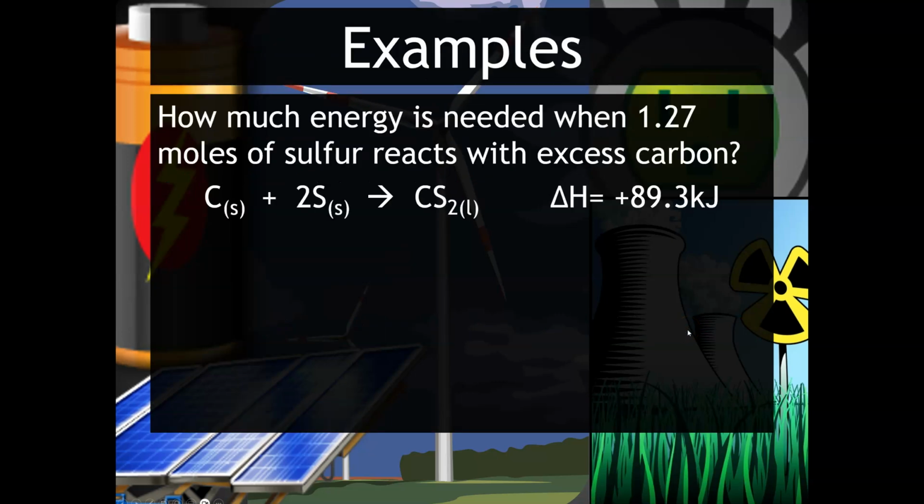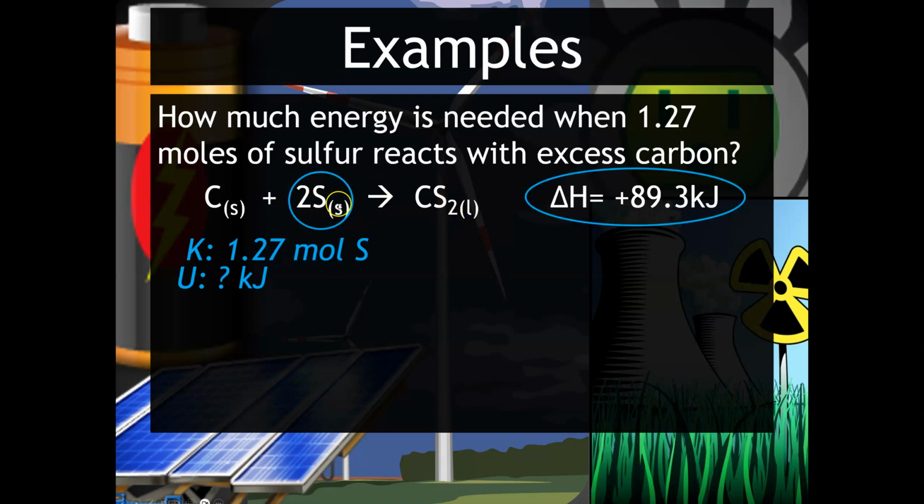How much energy is needed when 1.27 moles of sulfur react with excess carbon? In this example, it's an endothermic reaction because I have 89.3. So I'm going to take 1.27 moles of sulfur, and I don't know the units of energy. So what I'm going to do is look at sulfur, which has a coefficient of 2. I'm going to use 89.3, and I'm going to convert this into energy.